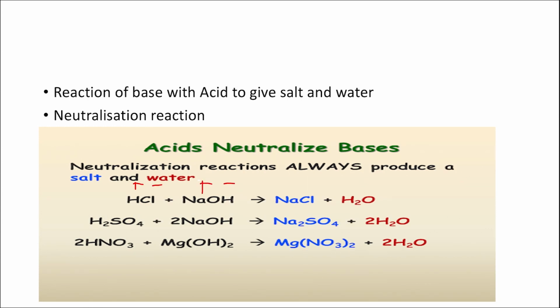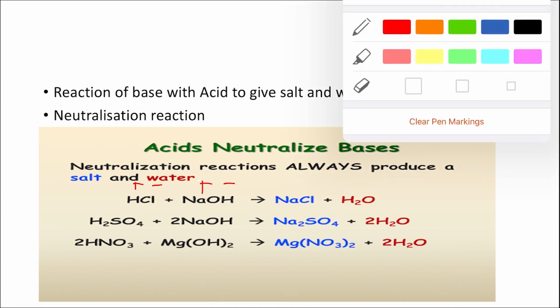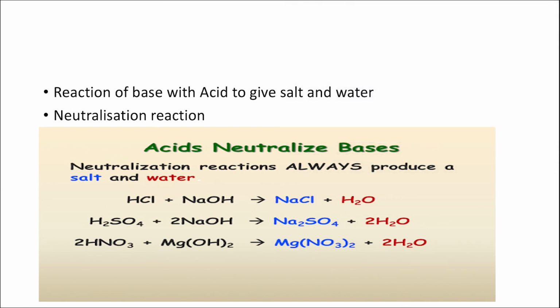So Na plus would now exist with Cl minus, and that gives you a salt NaCl. H plus with OH minus gives you H2O. In a similar way, for reaction of any acid and base, your end product always is going to be salt and water.